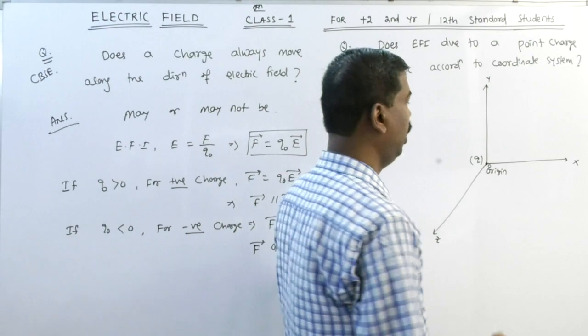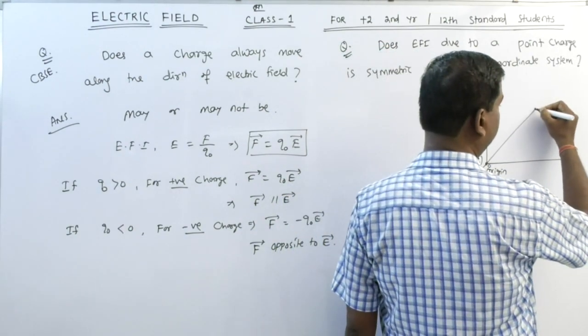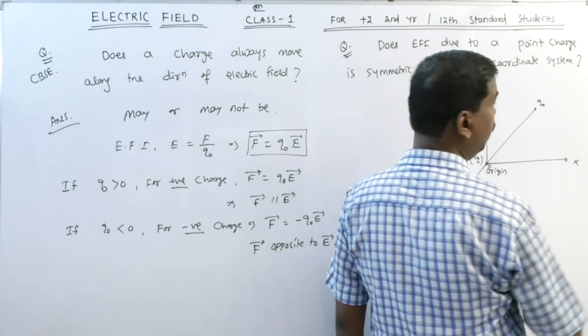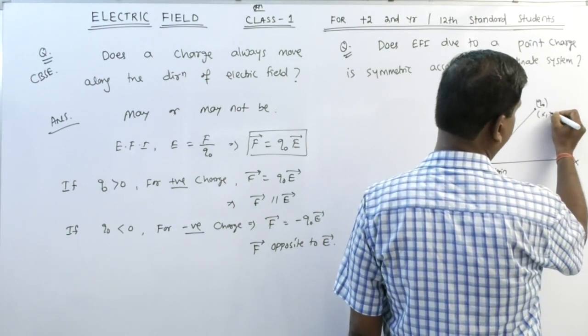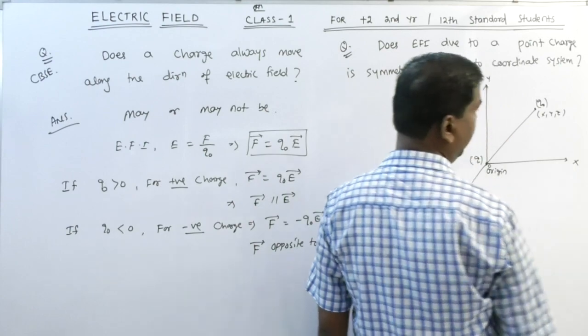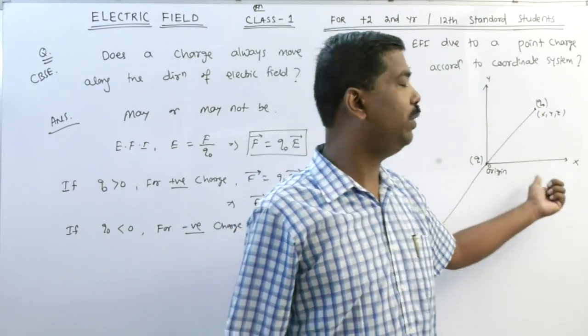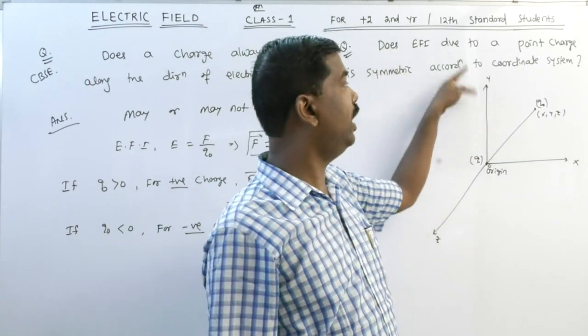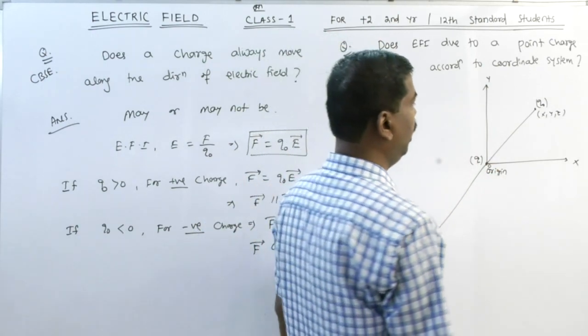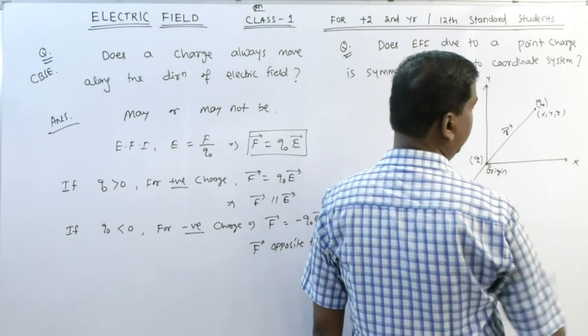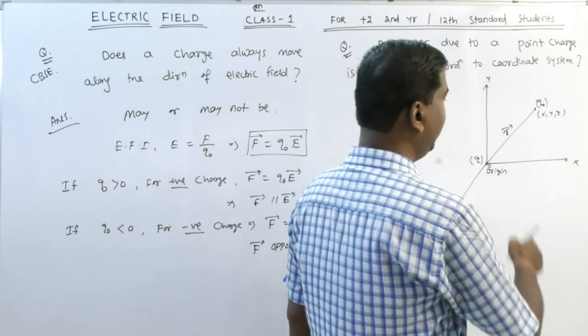Okay. And the test charge is placed here. Let it be Q0. The charge has coordinates x, y, and z. The x coordinate is along the x-axis, the y coordinate along the y-axis, and the z coordinate along the z-axis. Let this be the r vector.